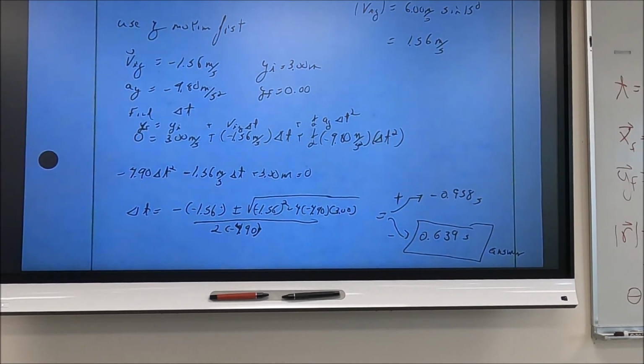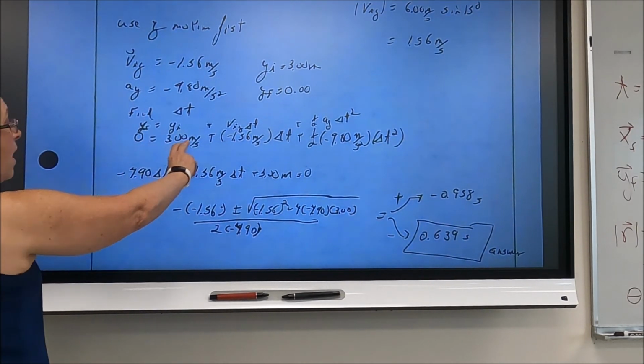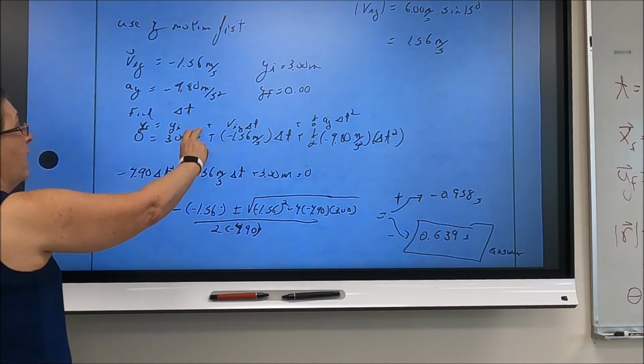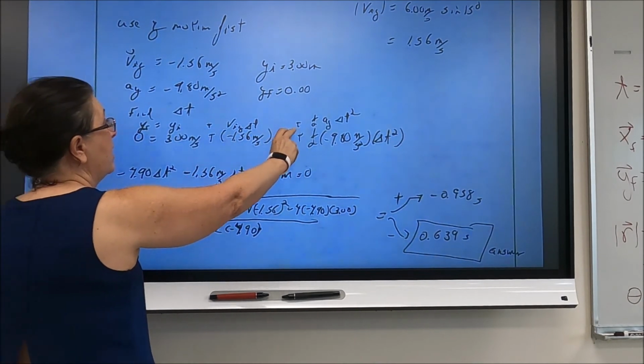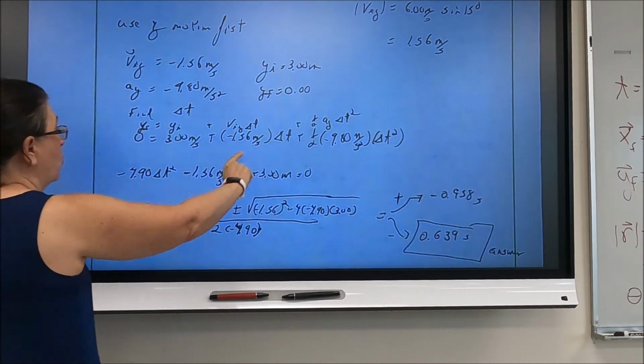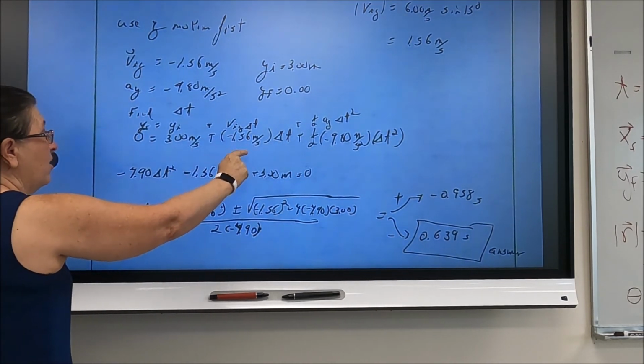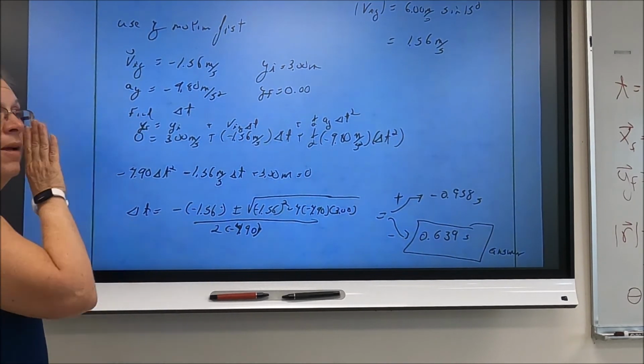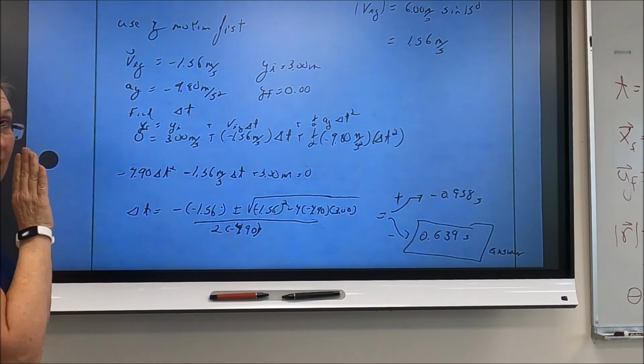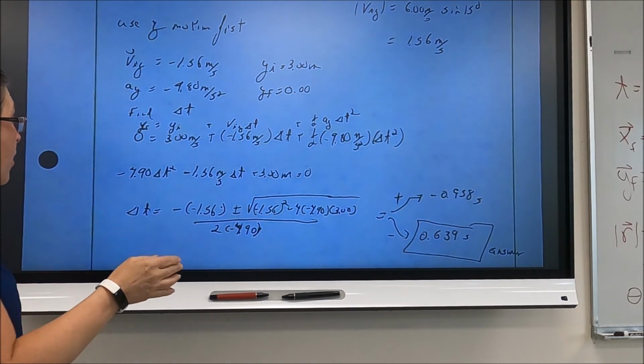So if I solve for delta t, notice that when I plug into y final equals y initial plus v initial delta t plus 1/2 ay delta t squared, I get an equation that's got a delta t and a delta t squared. I've got a quadratic. Guys, sometimes you just have to use the quadratic.